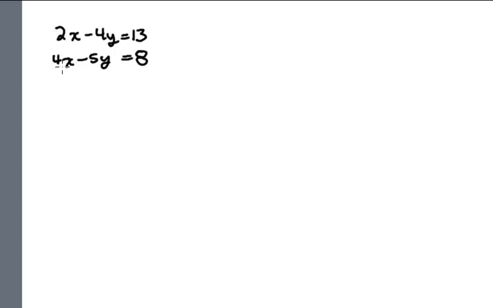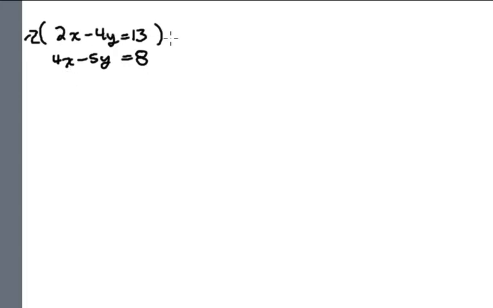So our steps are we look for the least common multiple, so 2 and 4. The least common multiple is 4. Then we say, what do I need to multiply this one by to get that 4? And the answer is I multiply it by 2, but actually I'm going to multiply by negative 2, because when I multiply by negative 2, I'll make this one negative 4, and then that way when I add these together, I'll get 0.